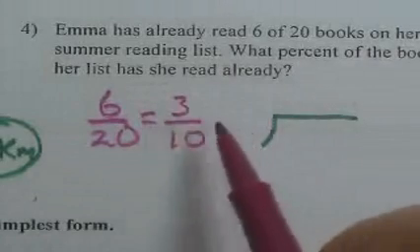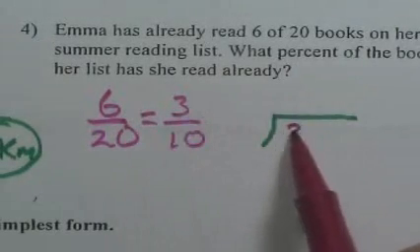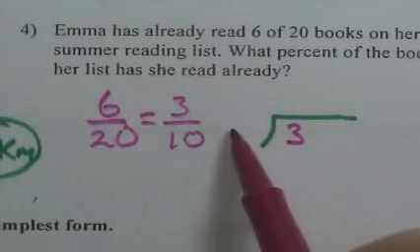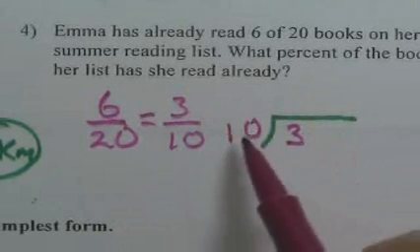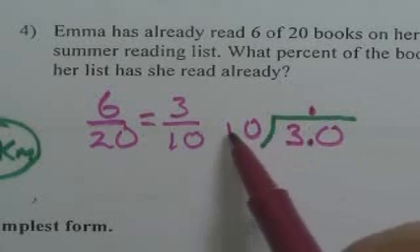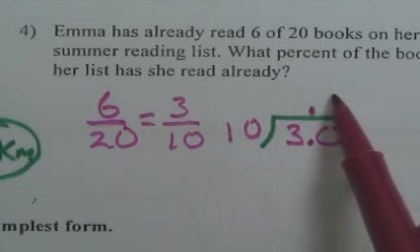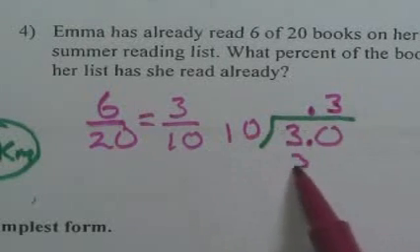But let's go ahead and, if you didn't know that, you would simply divide. Take the top number that goes into the box there. The outside number is 10. So 10, you have to put the decimal, bring it straight up. Add a 0. 10 does not go into 3, but 10 goes into 30 3 times, right? 3 times 10 is 30.